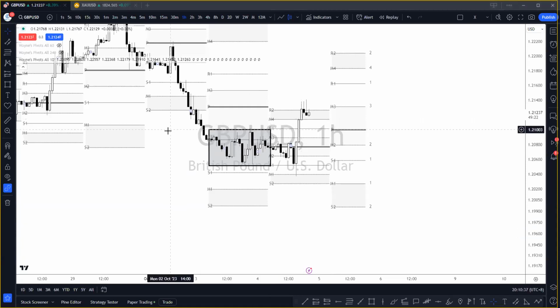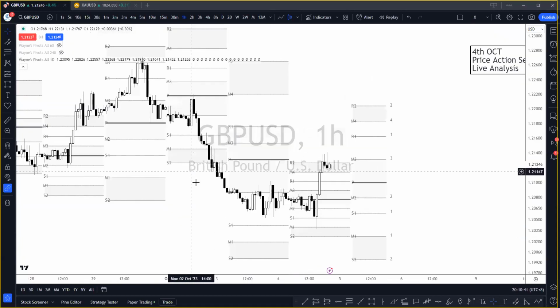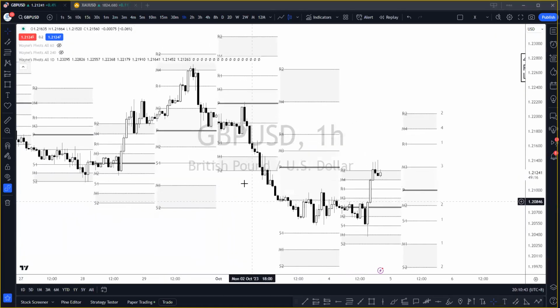Let's take the most recent example, which is on Monday this week. What happened to price was that it deviated from the pivot point, went back to touch the pivot point, and started to deviate away from S2. If we were to follow scenario 1, we would wait for price to hit back up to the pivot point.